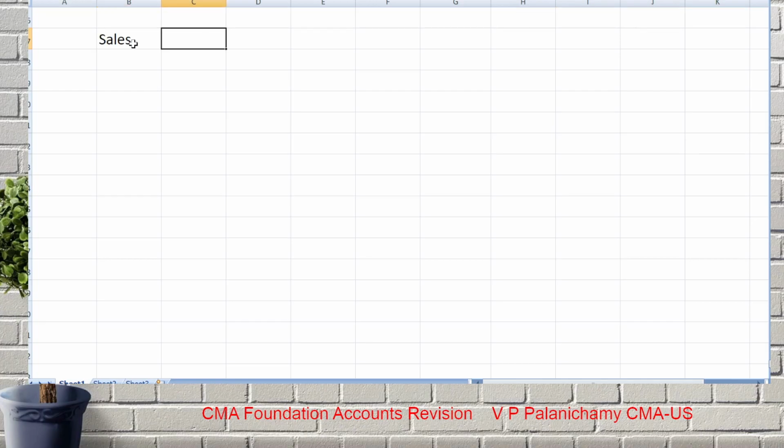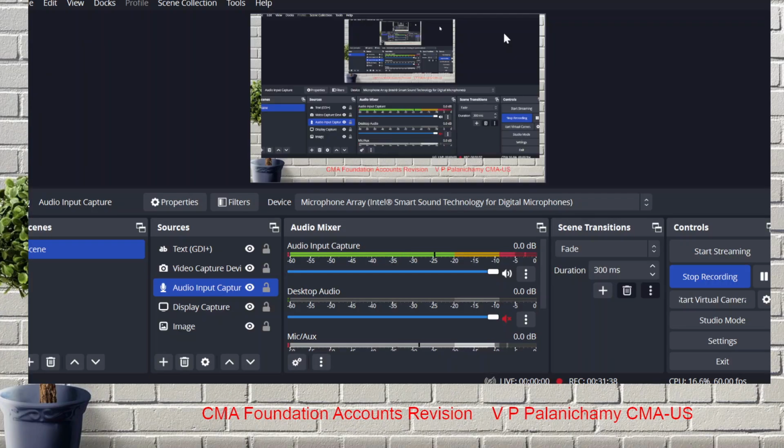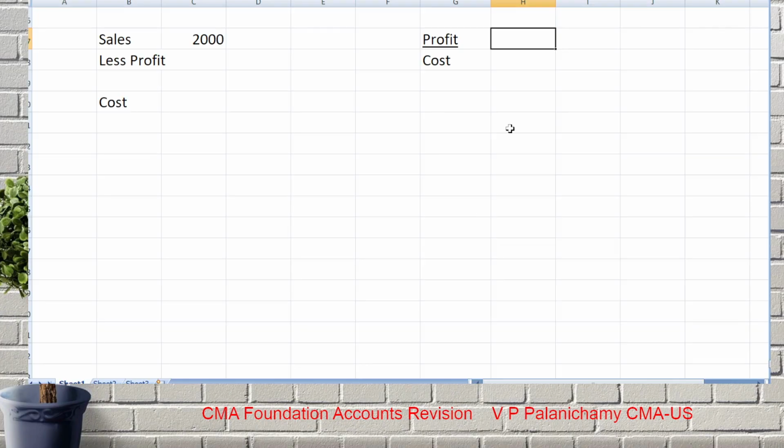What is the sales given? 2000. Less profit, we will get cost. Wait, pardon. Profit is given on cost. What percentage profit on cost? 25%. What is the meaning of 25%? 25 by 100.